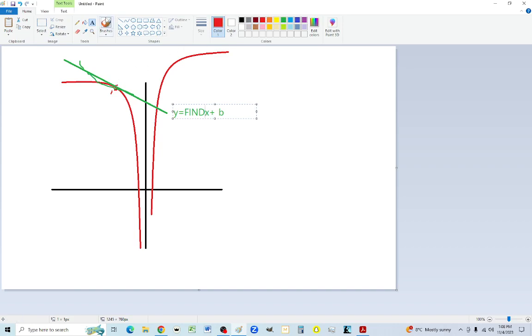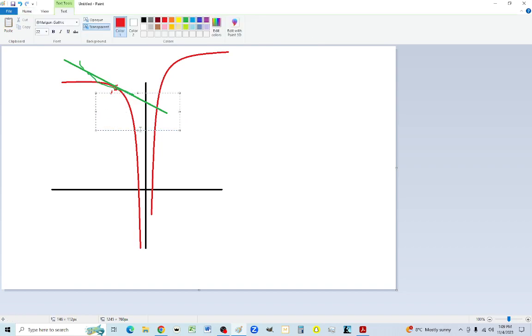This spot here, if they ask you to find this point, let's say that point is minus 2 comma 11, you now have an X and Y value.